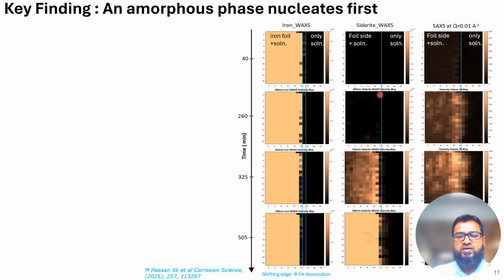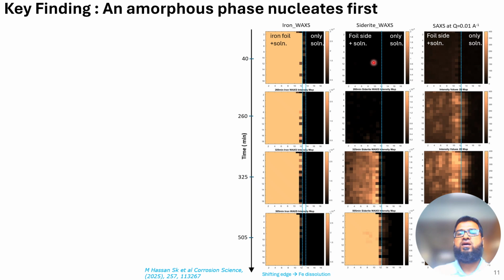And here you see the WAXS pattern for the siderite and the SAXS. As you see, in the beginning we don't see any WAXS for the siderite on the iron foil, but we see some SAXS here, obvious, within the first 1 hour. Which in and of itself is saying there is something forming which is not crystalline.